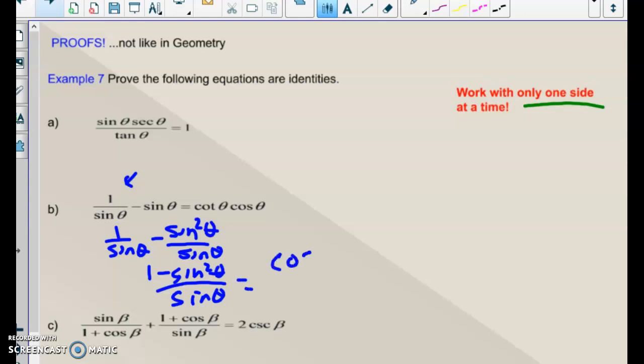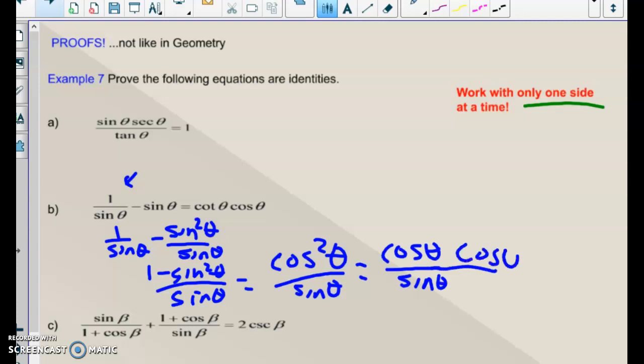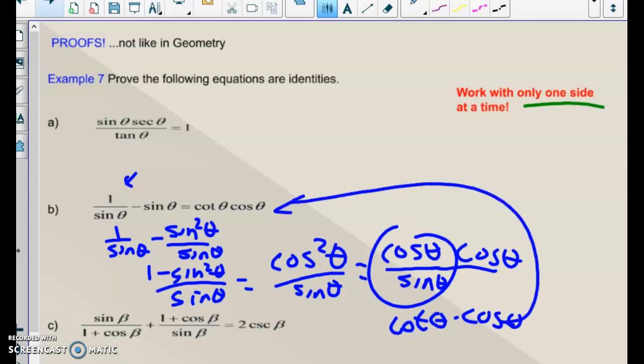So that gives me cosine squared over sine. And then we're going to bust this up into cosine over sine times cosine again. So I'm breaking up the squared into that. This becomes cotangent times cosine. And that's what we were looking for.